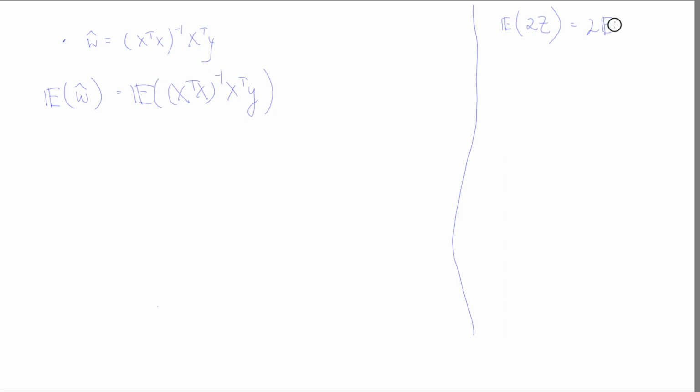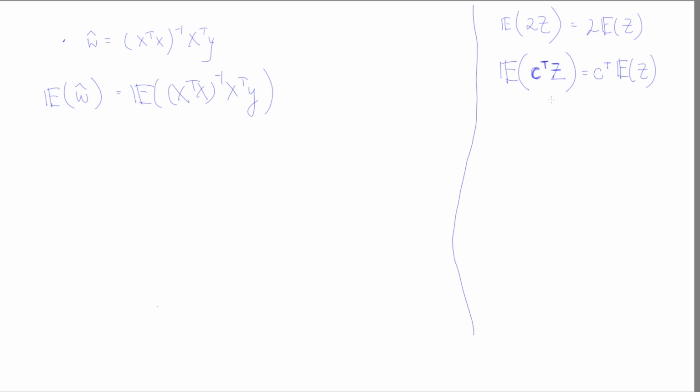It turns out that if you have vectors, let's say c is a constant vector and z is a random vector, you can actually take the expectation inside, because this is exactly the same as the linear property.